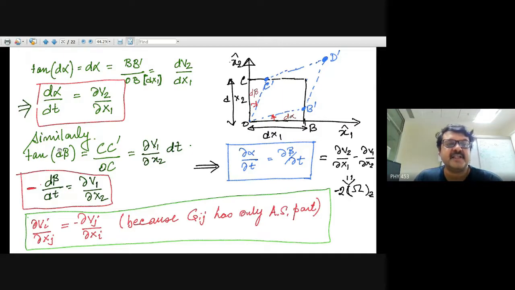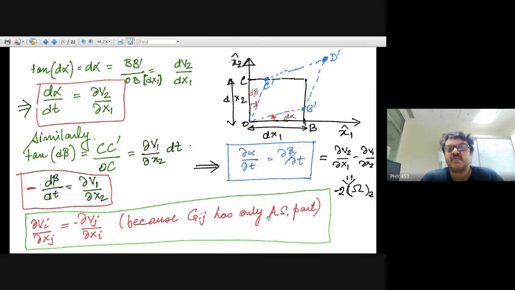And similarly, tan d beta will be equal to d beta, and that will be equal to cc dash into OC, OC being the difference between these 2 points. And that was shown to be del V1 del X2, right?